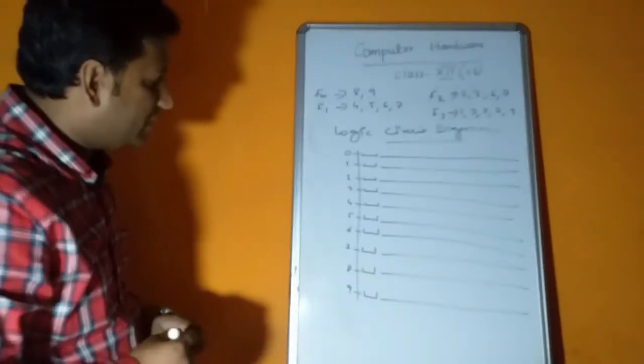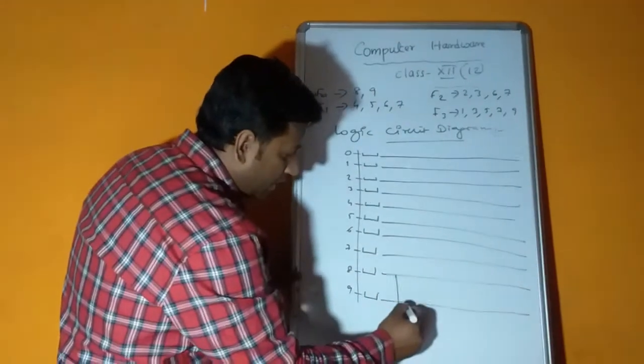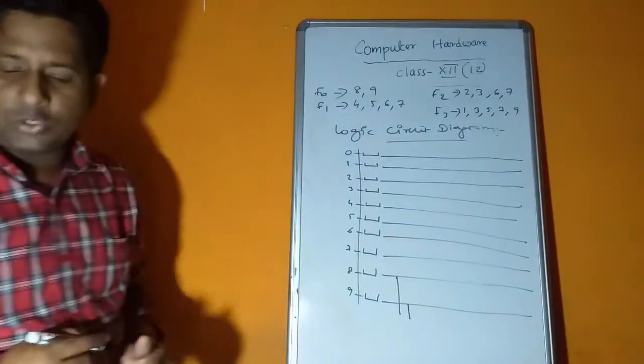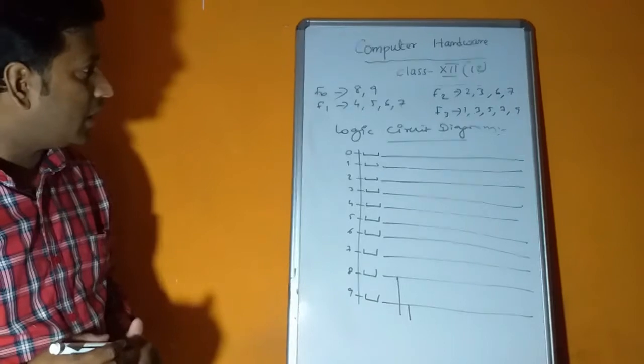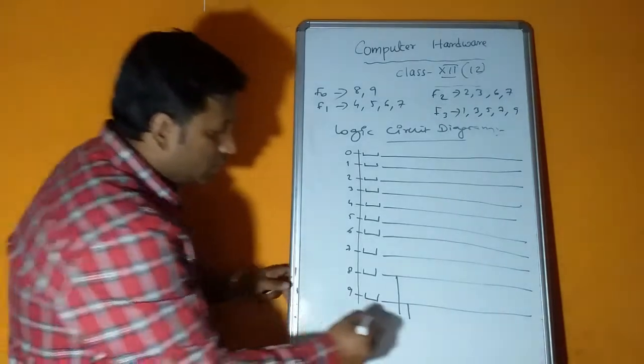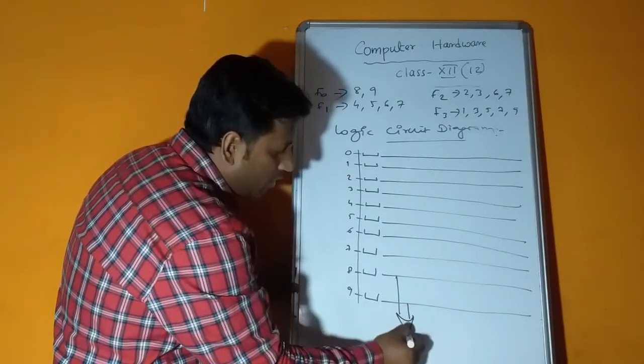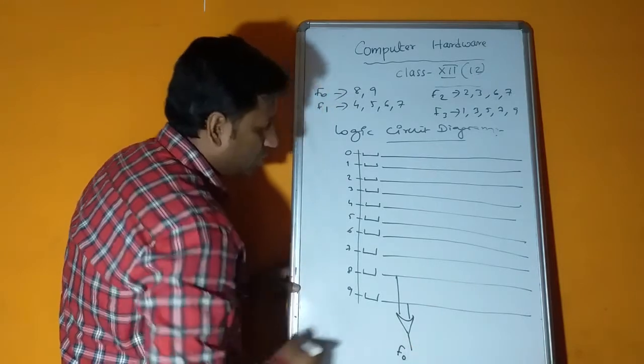So F0, 8 and 9. You'll be using an OR gate for F0.